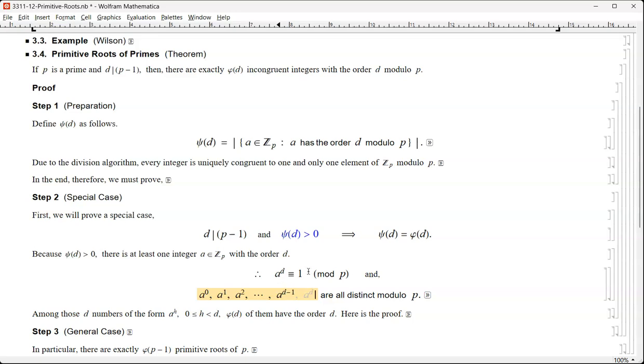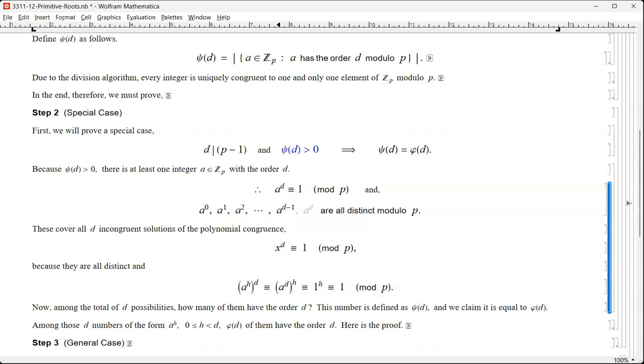So what do you have? We have a to the d power congruent to 1, which is a solution of this: x to the d power is congruent to 1. And then a to the 0 power, first power, second power, they're all distinct mod p. Yeah, they're all distinct. But not only that, they all satisfy this congruence.